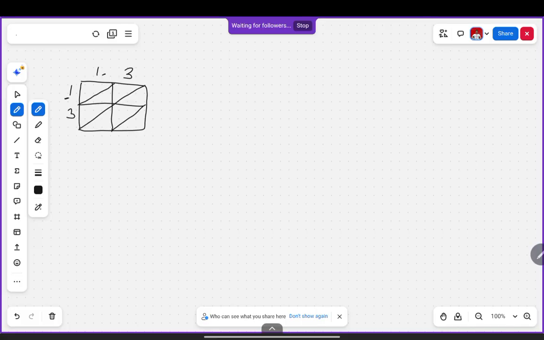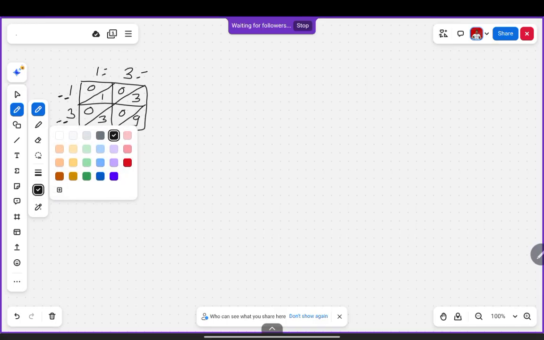So here 1 into 1 is 01. 1 into 3 is 03. 3 into 1 is again 3. And 3 into 3 is 9. Once you write those numbers in boxes, you need to compute the slanted sum.